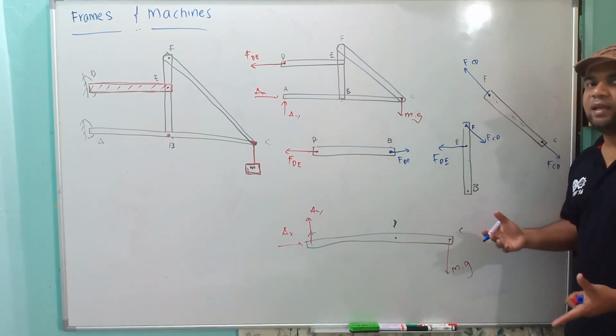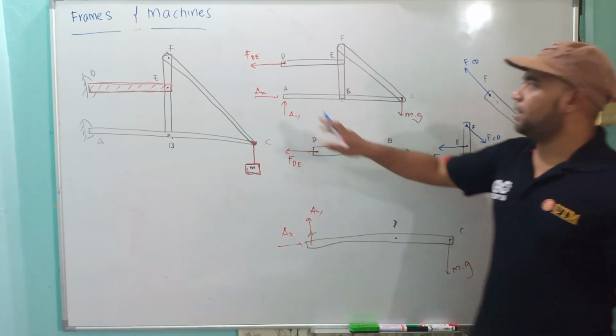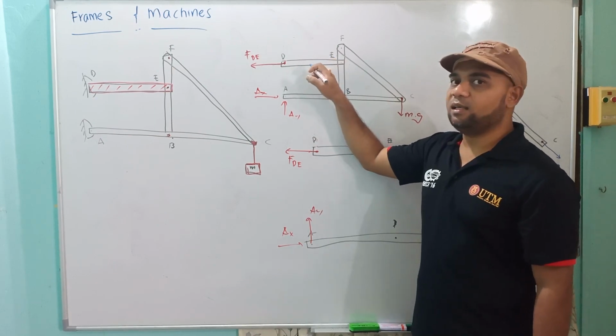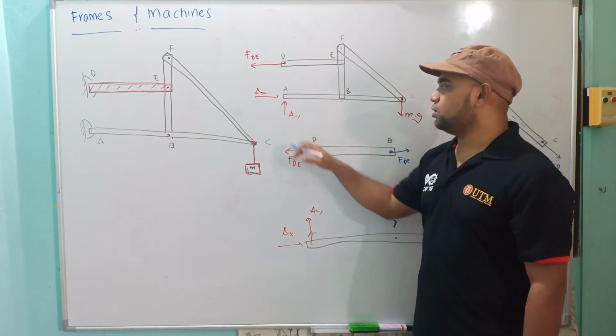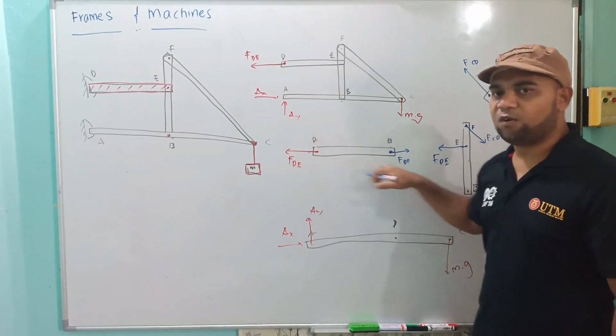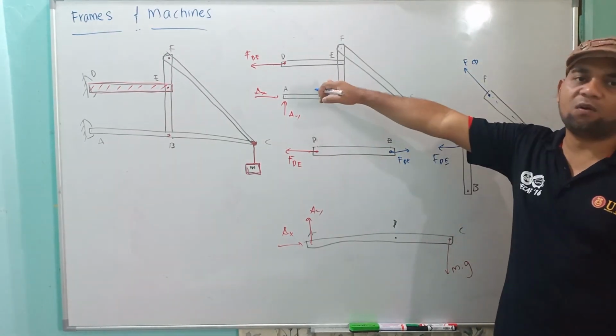You can see how many unknowns you can save, because before that we have 1, 2, X and Y, here also 1, 2, X and Y, so we have 4 from here. Instead of that, if you consider it as a two force member, you only have 1, 2, but this is the same force opposite direction, so you actually have 1 force instead of 4.